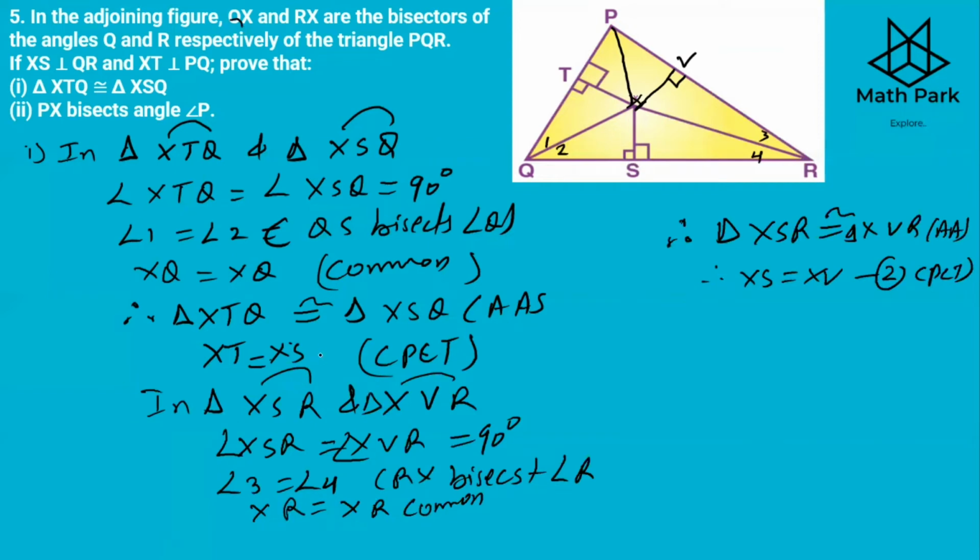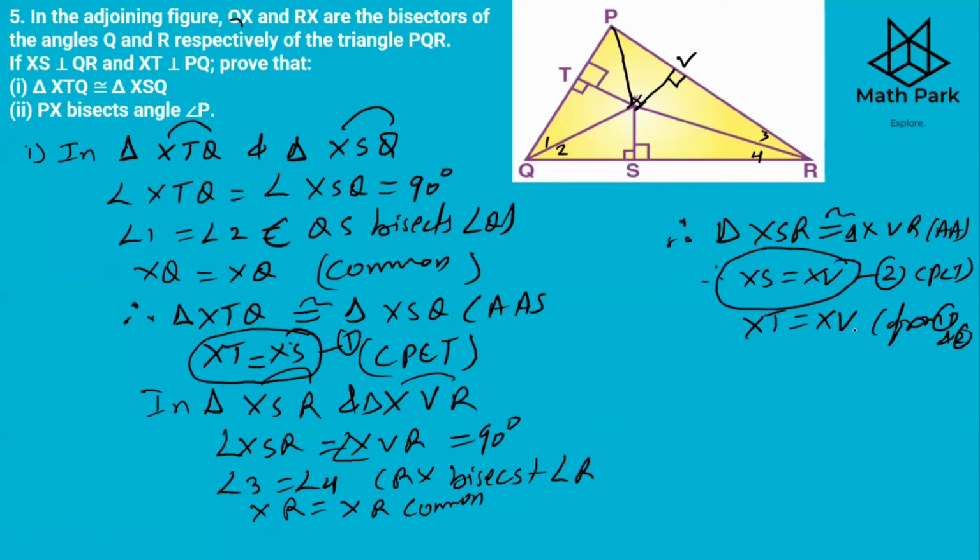The first part, let us take this as first: you have XT is equal to XS and XS is equal to XV. From these two things, you get XT is equal to XV. This is from 1 and 2. Observe this 1 and 2. You have XS is equal to XT, and XS is also equal to XV. Therefore, you get XT is equal to XV.